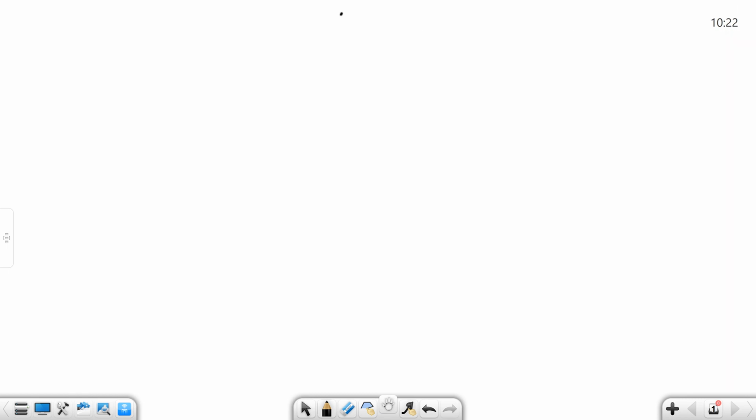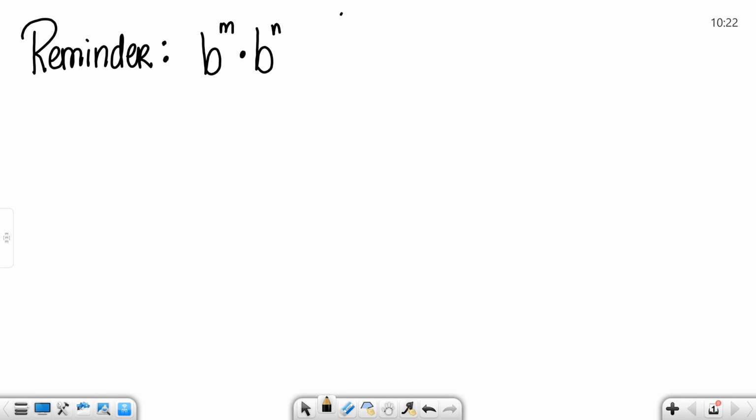There are a couple more rules for us. Okay, so let me just remind you of some old rules. All right, these are just things we've already done this semester that are going to be helpful. If I am multiplying two expressions that have exponents, to multiply those, I add the exponents.